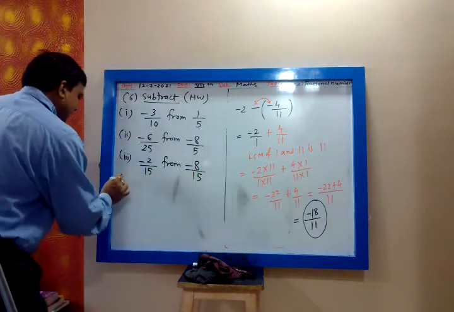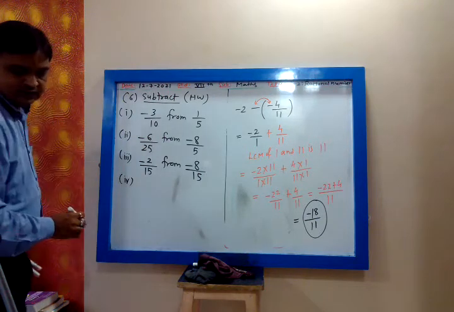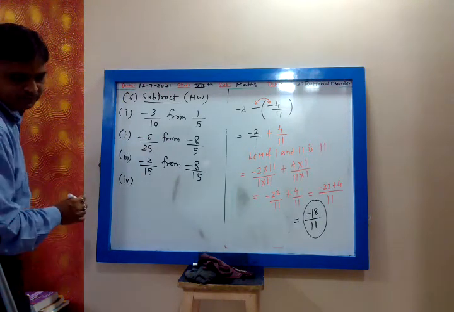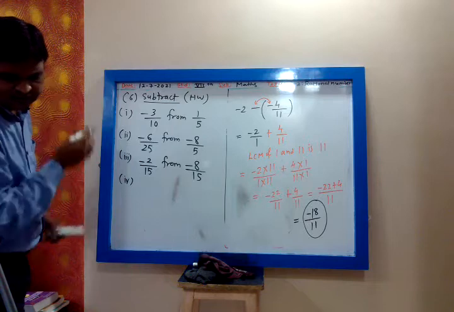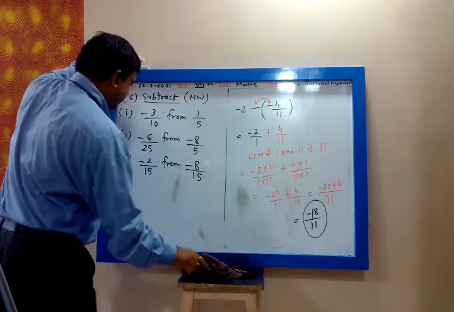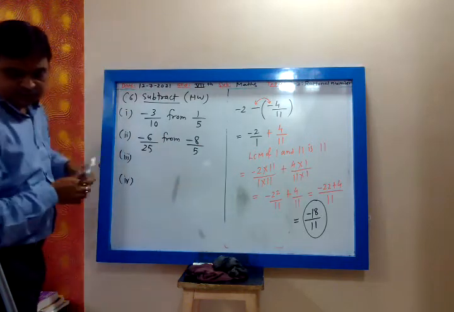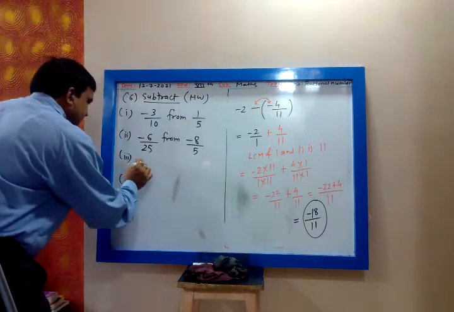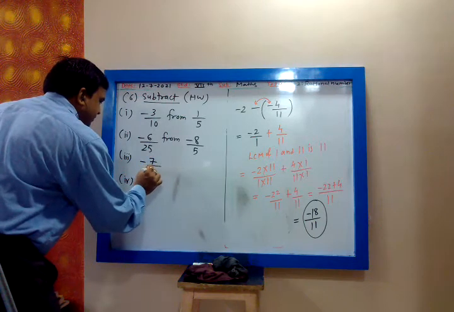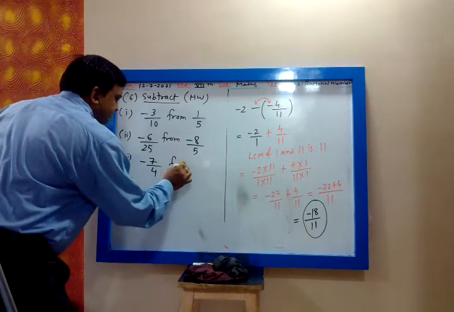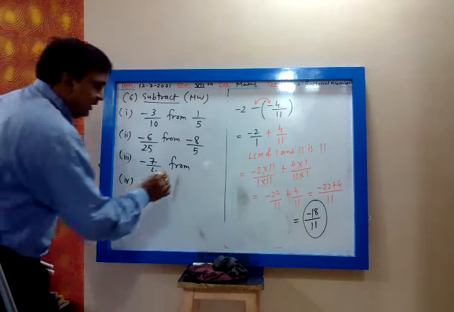Wait. Third question is different. Third question is subtract minus 7 upon 4 from minus 2.